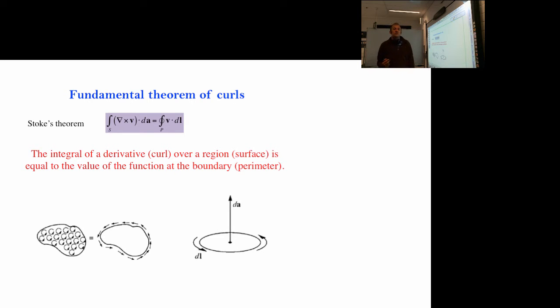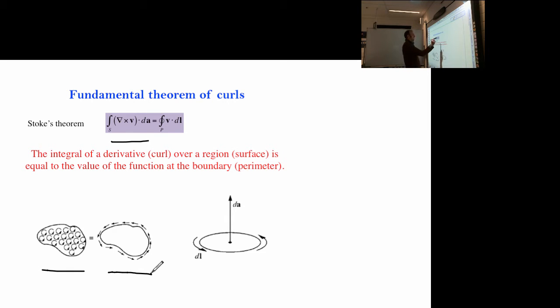Okay, so we're going to finish up this section by looking at the fundamental theorem of curls, which is better known as Stokes' theorem. Essentially what this says is we can determine the total twist over some surface, which is given as the integral of the curl of our vector over that surface, is equal to the total twist around the outside.